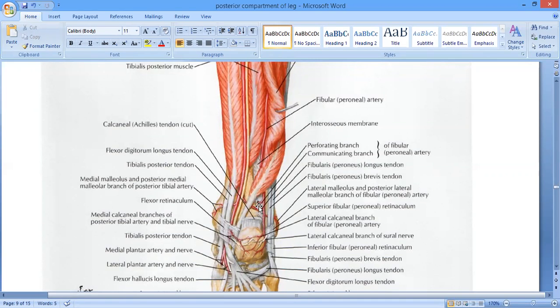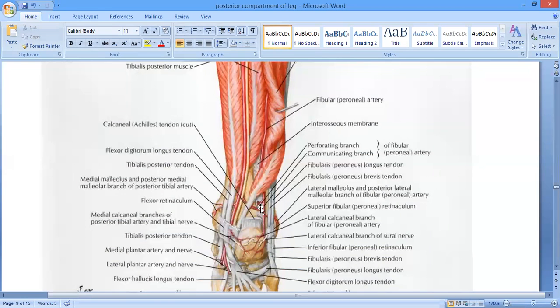Okay? And here it is going to replace the anterior tibial artery, or in a certain number of cases where the anterior tibial artery terminates in the lower part of the leg, then the dorsalis pedis artery is basically the continuation of this peroneal branch.